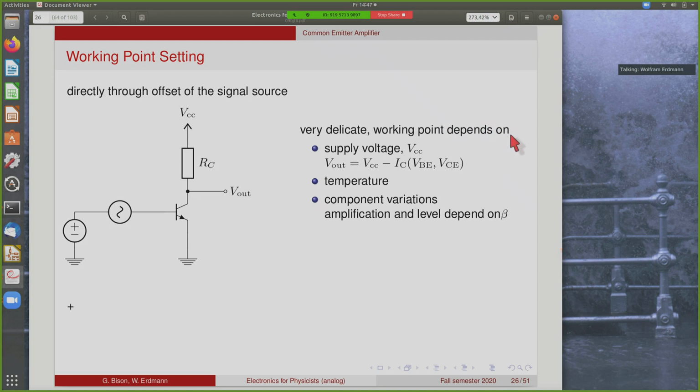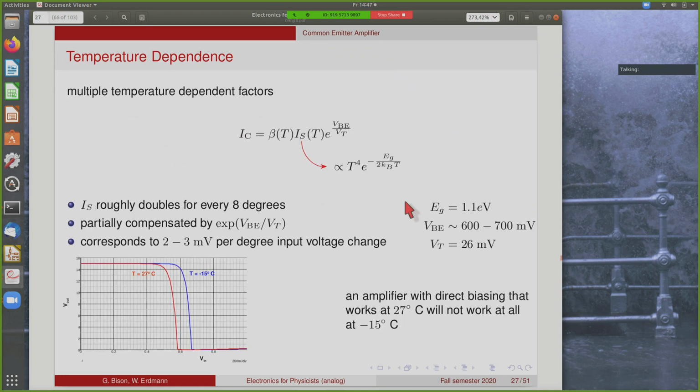The working point then depends, on top of the fact that you have to dial in this value very precisely, on the supply voltage, because if you change your supply voltage, then the output will simply follow the supply voltage, because it's the difference of supply voltage minus the collector current times the collector resistance. But it's also a strong function of the temperature, and also depends on component variations. So this is not the best way to use this amplifier, and should normally be avoided.